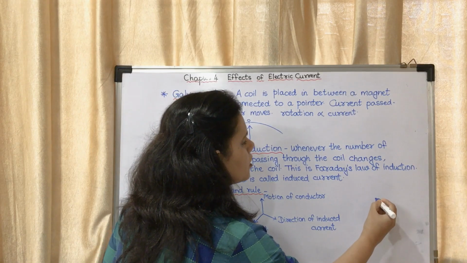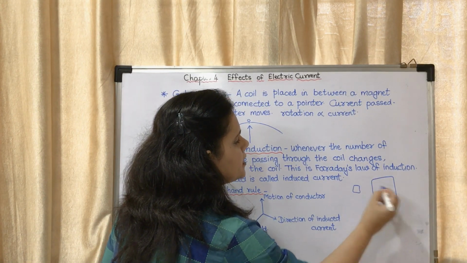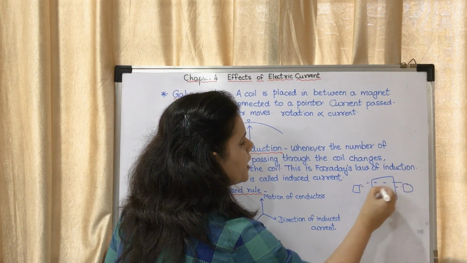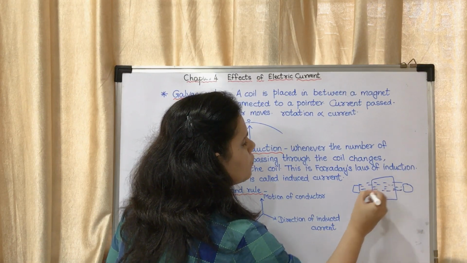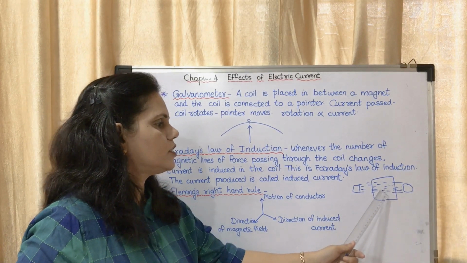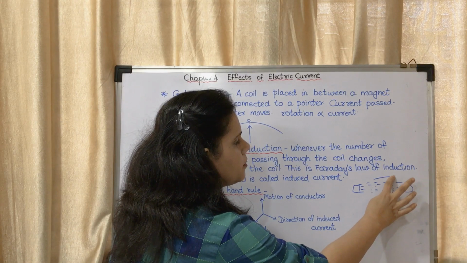If this is a coil, and there are two magnets here, there are lines of force passing through the coil. Here you may see the lines of force passing through the coil. These are the lines of force. If you move the coil, this is the original position.